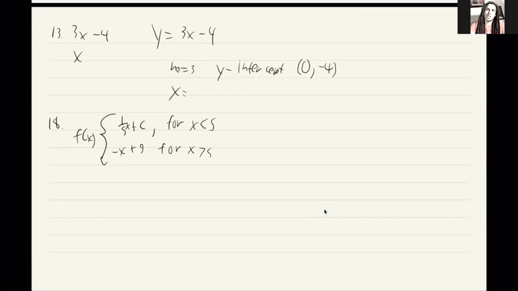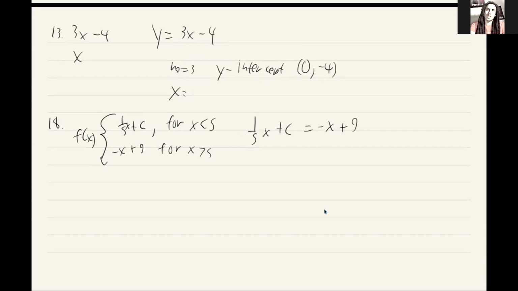So how are we going to go about this? Well, we are going to set these two equations equal to one another, and our goal here is to isolate c.